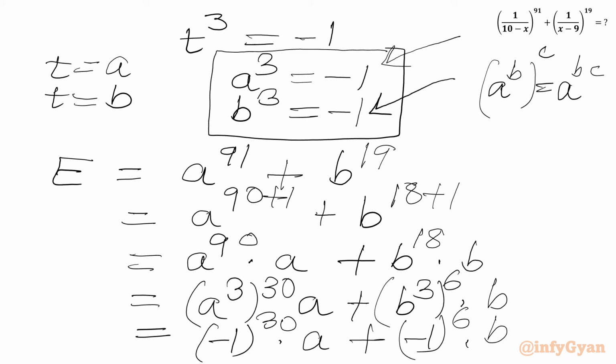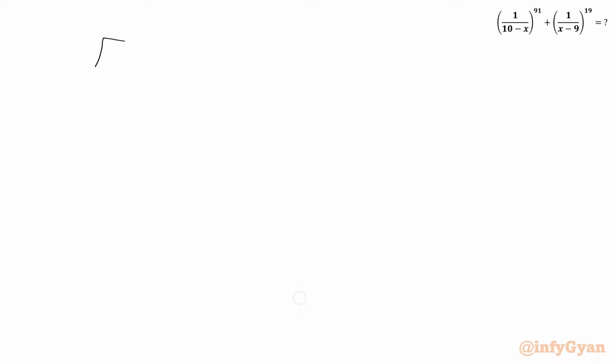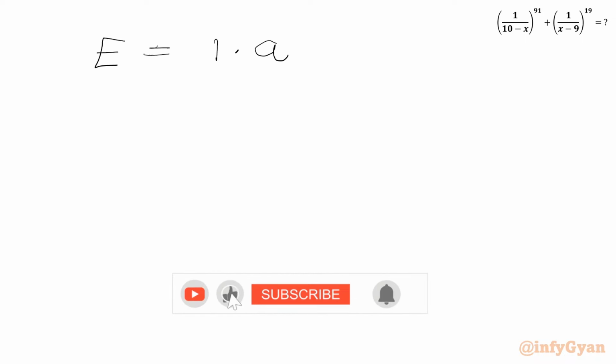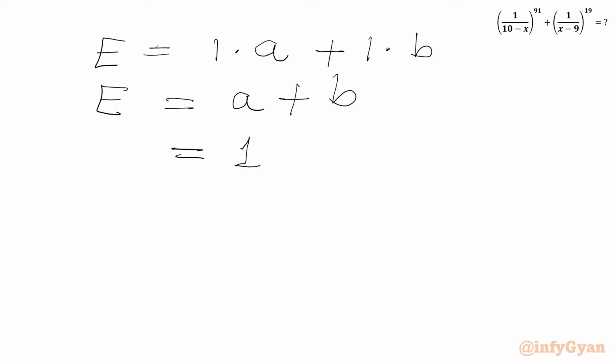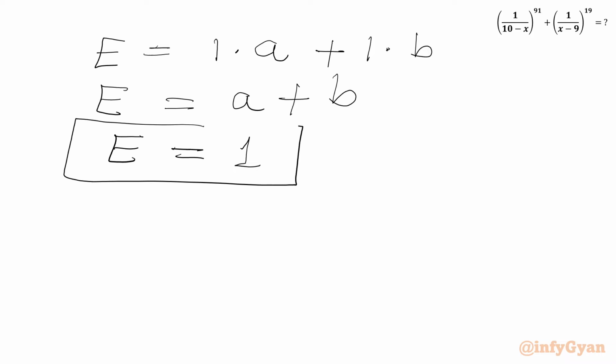So we are going to write E equal to 1 times a plus 1 times b, or E equal to a plus b. And we have equation a plus b, value was 1. So our final answer becomes E equal to 1.